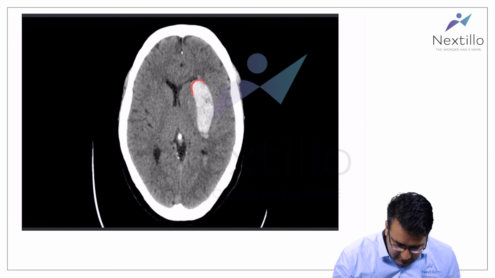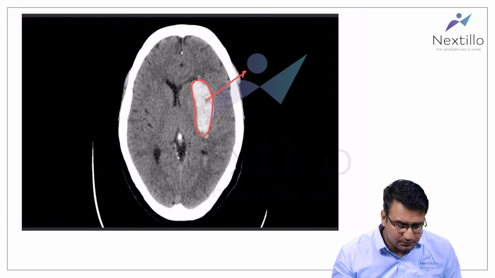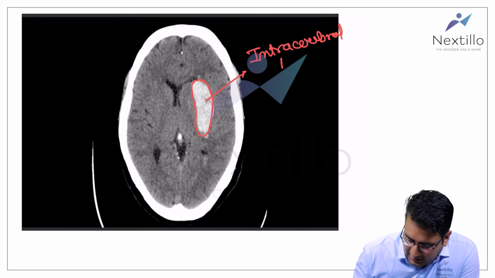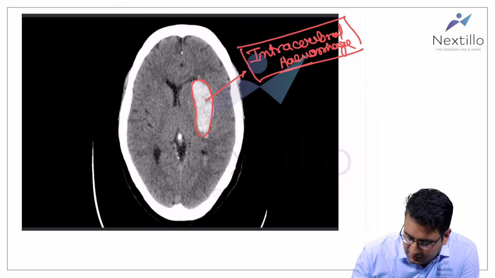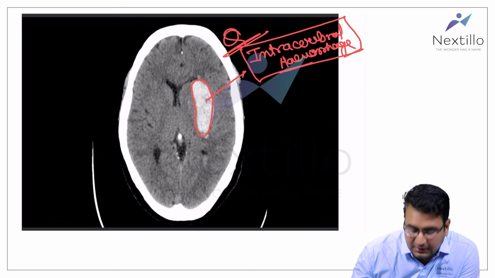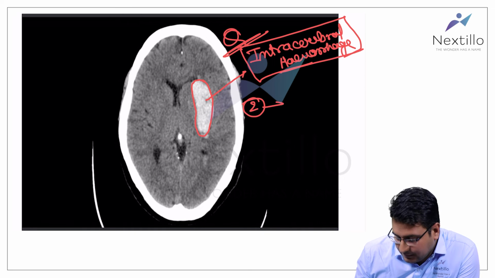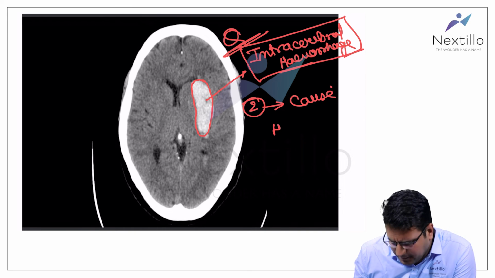We are looking at a hyperdensity in the region of the left basal ganglia, likely putamen. So this is intracerebral hemorrhage. So this would be the first type of question. What is the diagnosis? Second could be cause. What could be the cause? Hypertension.